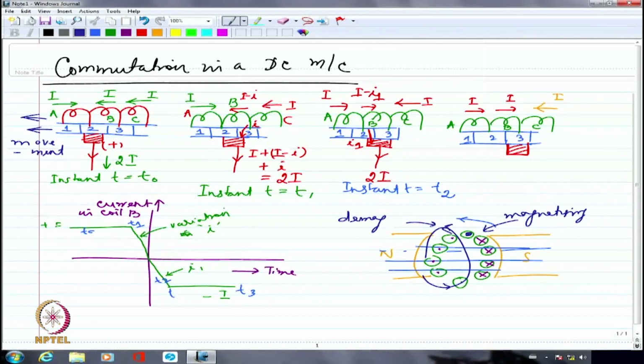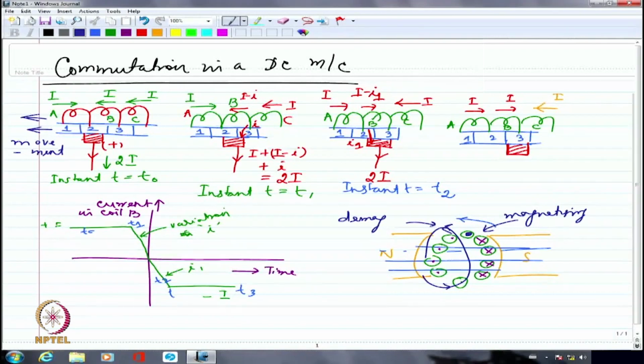So the current is going to sustain itself for some more time, even after commutator segment number 2 has lost contact with the brush. So what happens is, coil B is kind of in a predicament. It doesn't have contact with 2, but it has to still supply some current which will go from 2 into the brush.